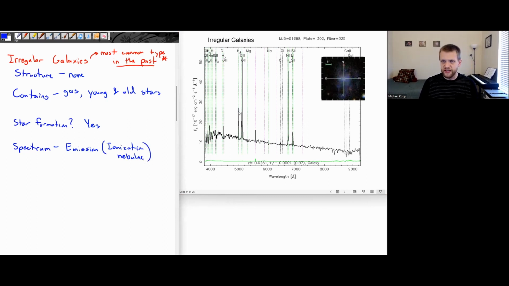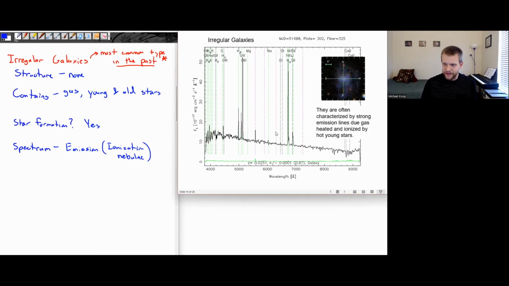Again, it's usually going to be the hydrogen lines that are being excited a lot. There are some other lines that also get excited, because we have some of those young stars energizing some of those nearby clouds of dust and gas.